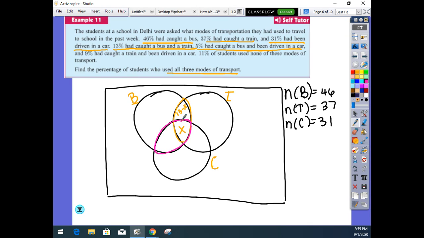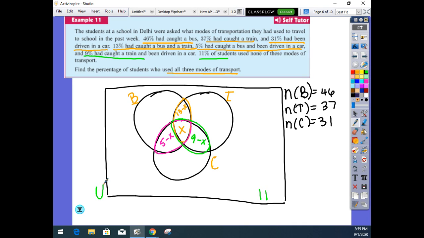That's 5. 5 minus x. Then we have the train car. 9 minus x. And 11 is none. So that just goes in my universe.